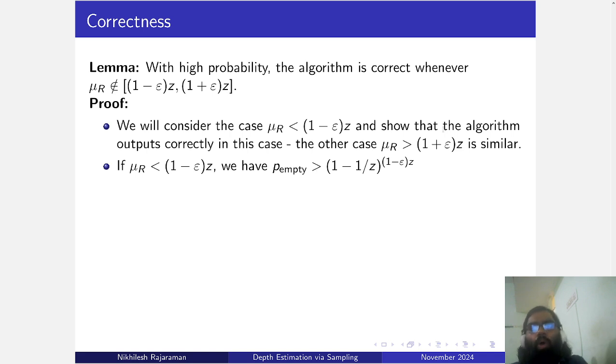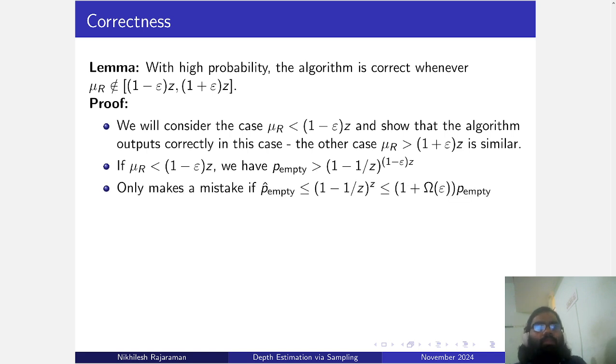We can be a bit quantitative about this. The algorithm only makes a mistake when the estimated emptiness probability is below 1 - (1/z)^z, whereas the true emptiness probability, as we said, is guaranteed to be above a slightly larger number. The gap between these two quantities is not too hard to compute.